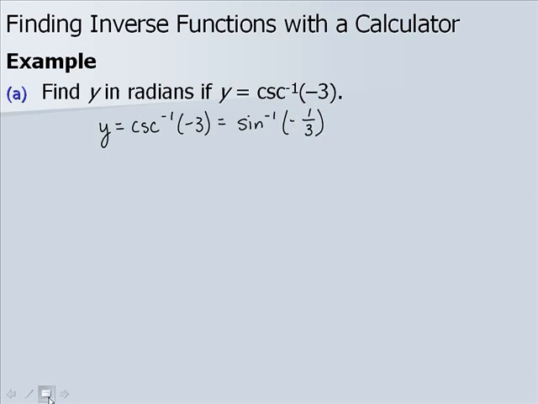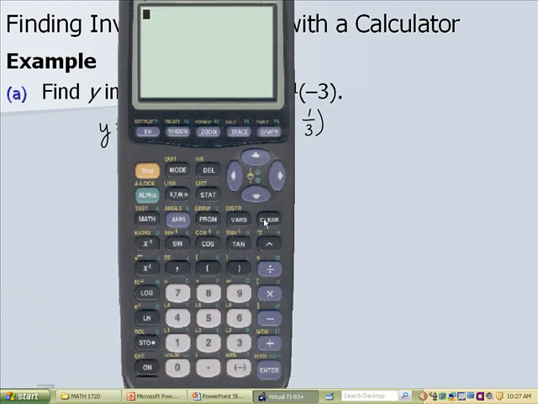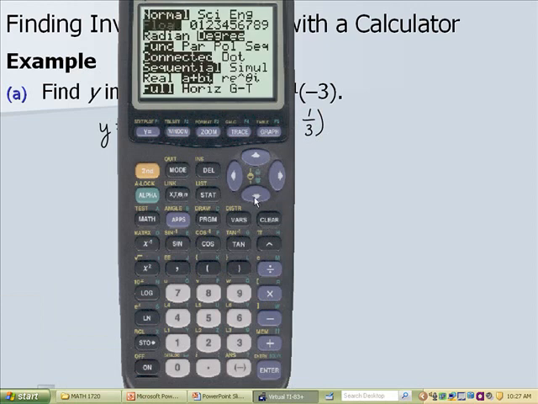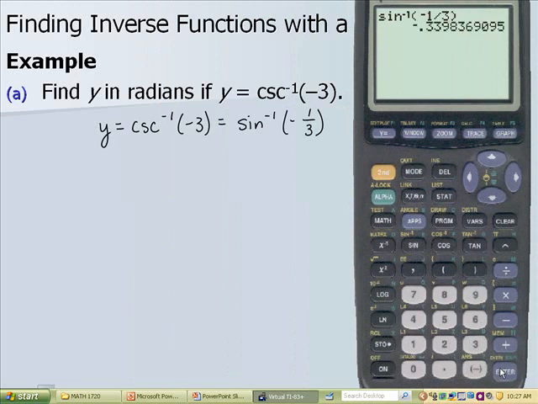So we want to find on our calculator that value in radians. So let's change our mode to radian mode. We hit enter and clear. And now we'll do the sine inverse of -1/3. And we see we get a value of -0.3398.